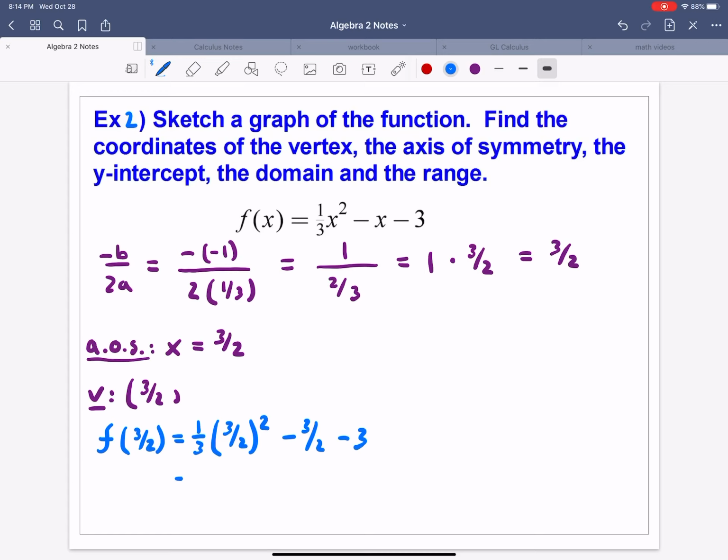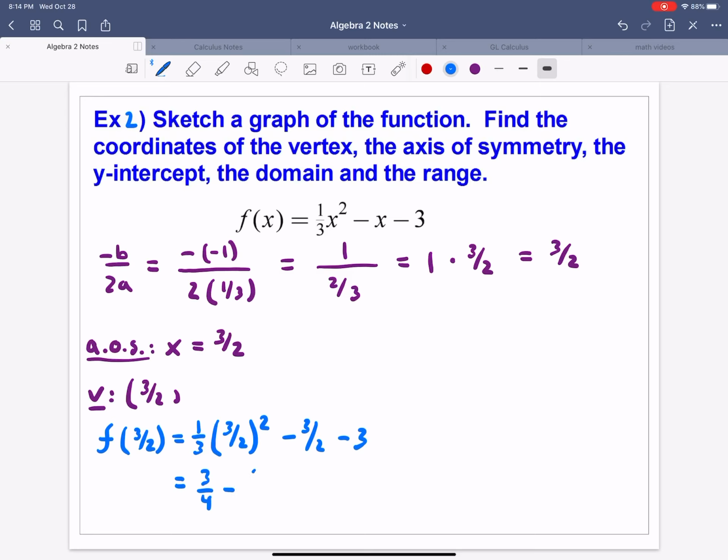So I clean that up algebraically. Remember, when you square a fraction, you just square the top number and the bottom number. So that's going to become 9/4. And then 9/4 times 1/3 is 3/4.